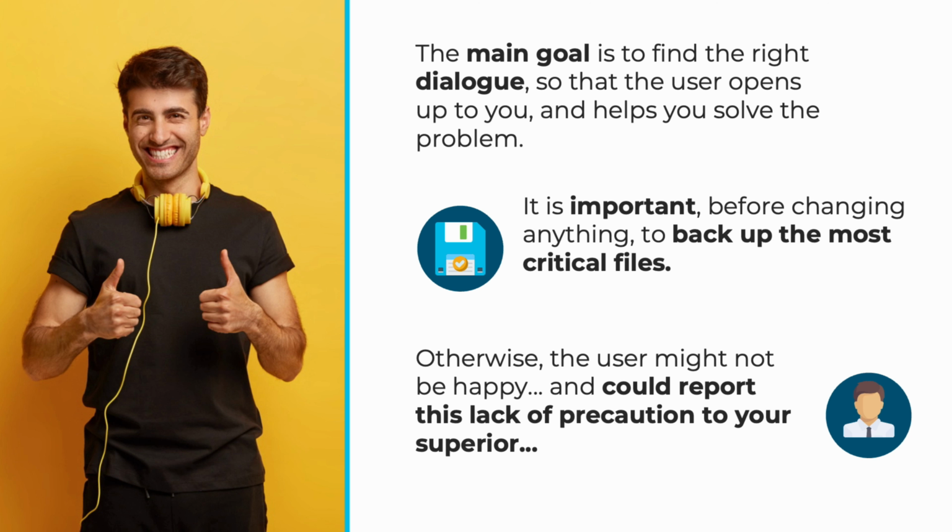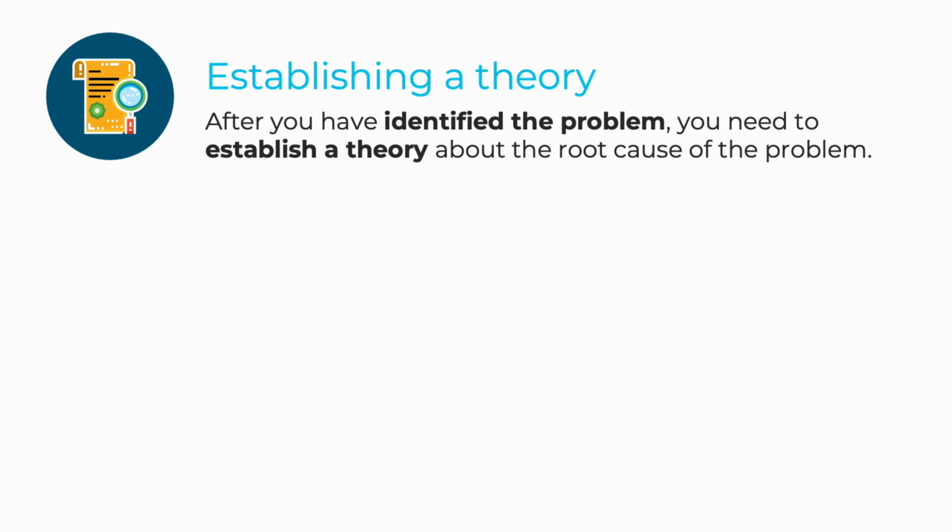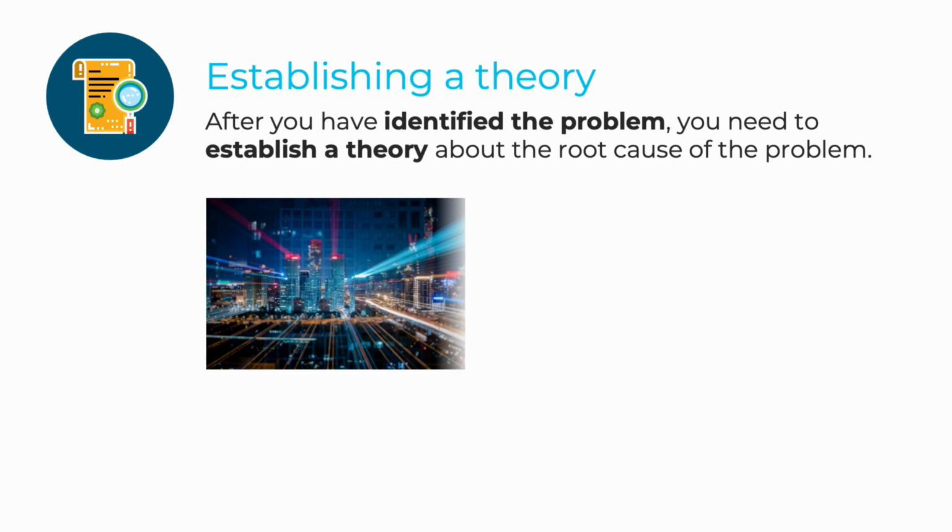After you have identified the problem, you need to establish a theory about the root cause of the problem. That is, you need to analyze the problem and find the cause. Most of the time, depending on the symptoms, you will certainly need to carry out internal or external research. A good example of external research is the internet.